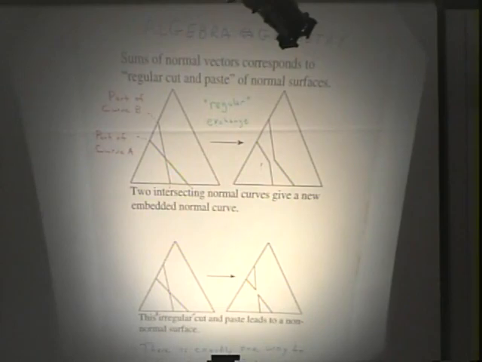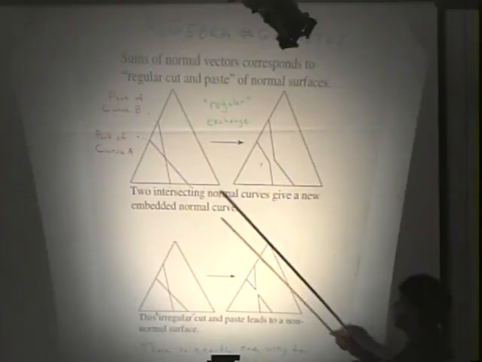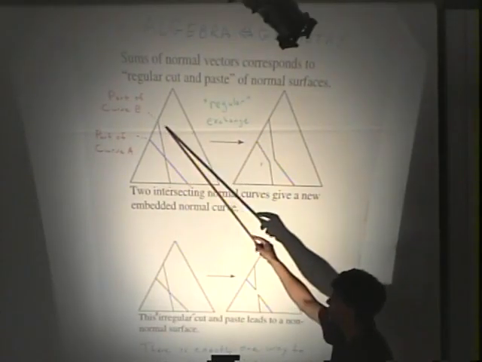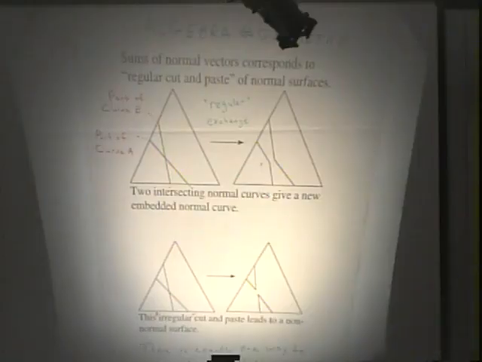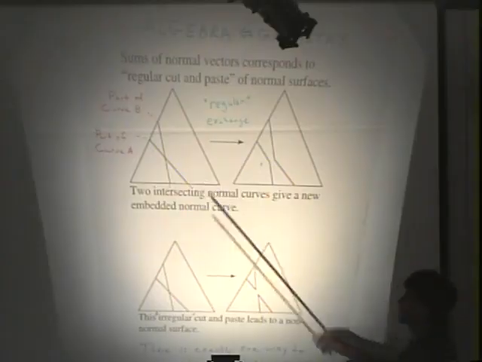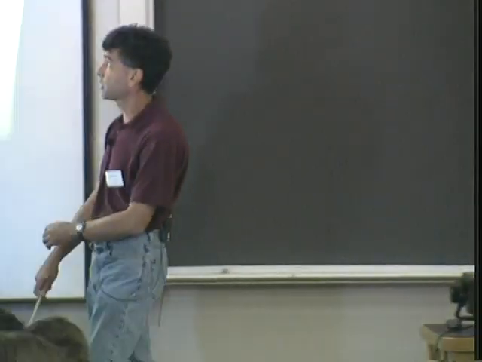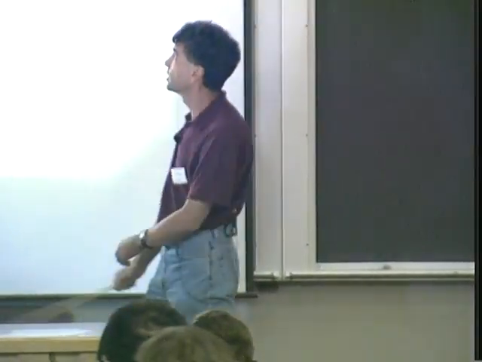So I've illustrated this here for curves. Here what we have is 2 different normal surfaces. So this arc here represents part of a normal curve called B, and this curve here represents part of a normal curve called A. And these 2 curves happen to intersect one another. Each one itself is embedded, but these 2 embedded objects intersect, they cross there.